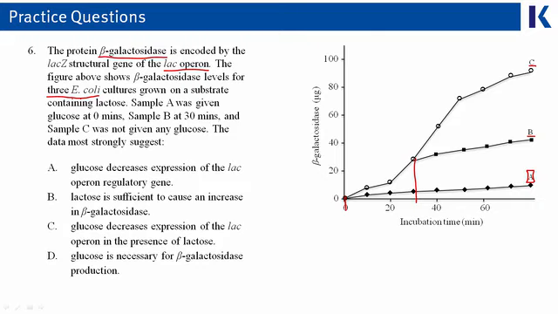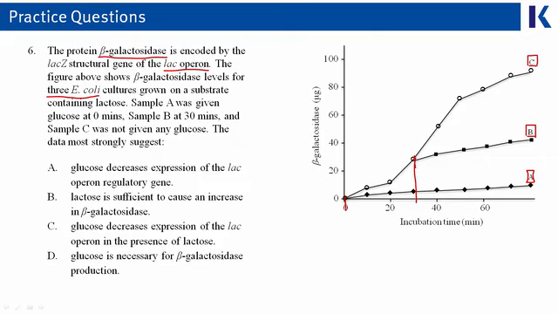For sample B, beta-galactosidase stops getting made at the very moment that we gave it glucose. And sample C, well, that makes beta-galactosidase all the time. So in following the Kaplan strategy for science questions, making a good prediction here, we probably want to look for a choice that says, when you get glucose, you stop making beta-galactosidase.